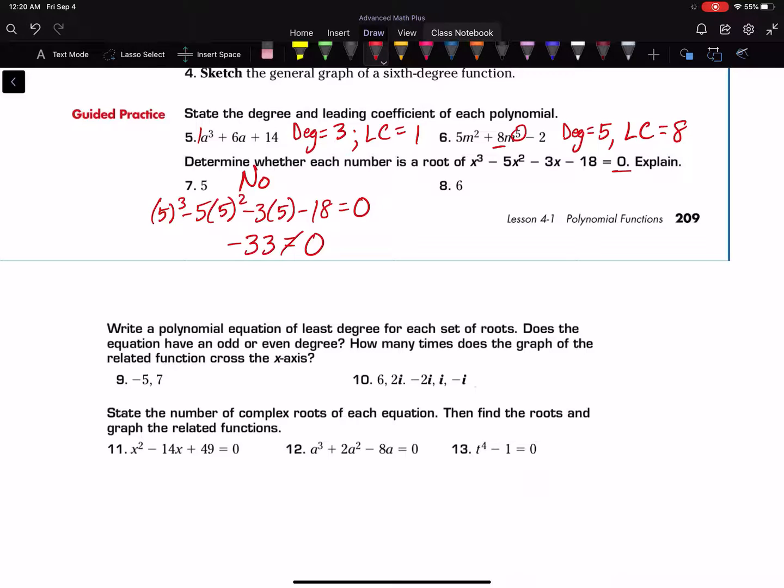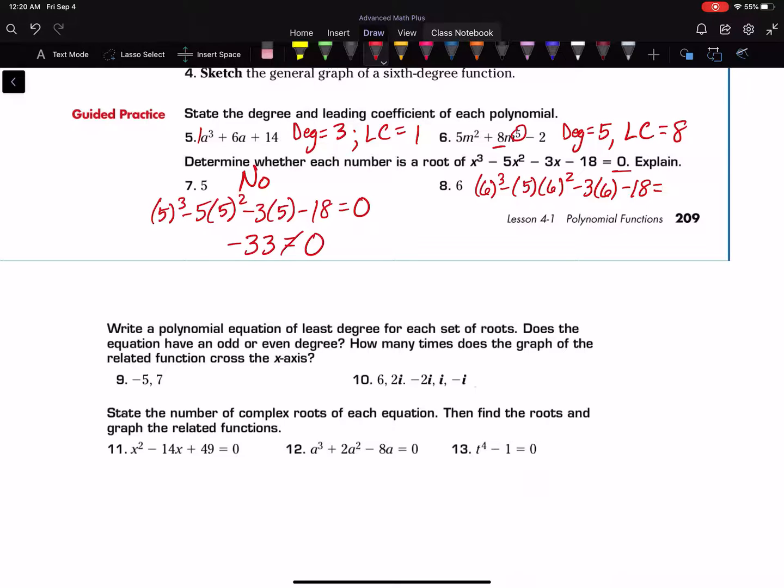Let's try 6. So 6 cubed minus 5 times 6 squared minus 3 times 6 minus 18. We put that in our calculators.